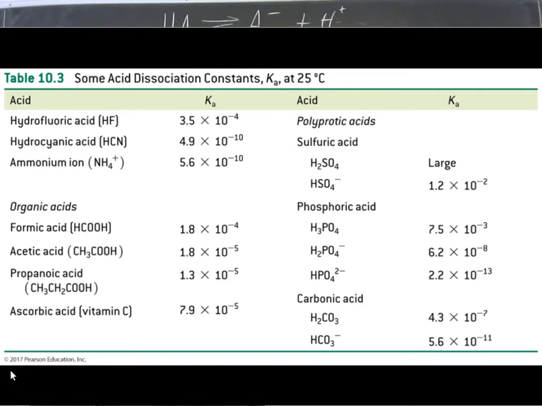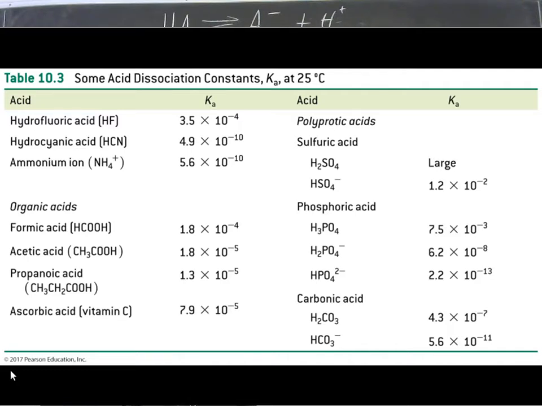Well, I'm going to look for an acid here whose Ka value is about, I'm so sorry, if I want to hold a solution at a pH of about 10, then I'm going to look for a Ka that's at about 10 to the negative 10th. And it looks like hydrocyanic acid there, the second one, or maybe the very last one, the bicarbonate or hydrogen carbonate ion, 5.6 times 10 to the negative 11th. Those would be my best choices.